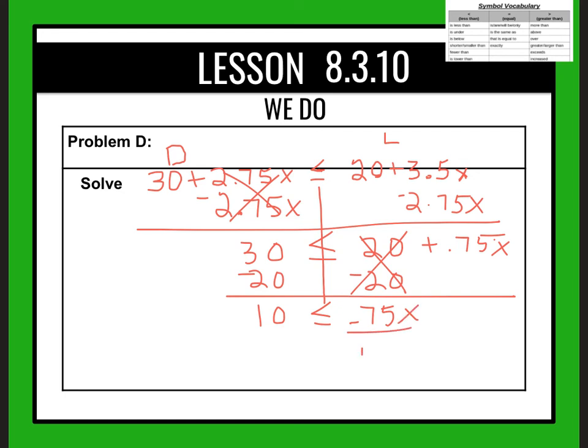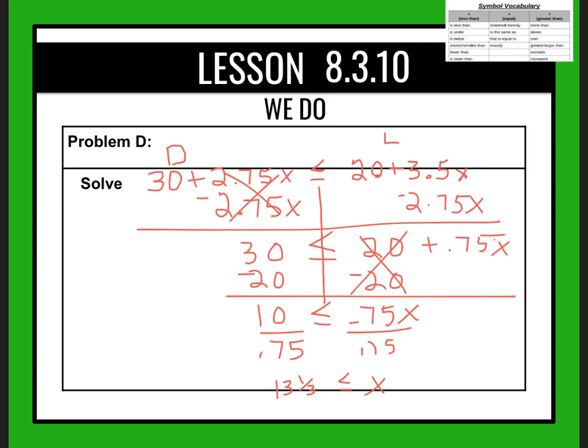So when I divide by 0.75 on both sides, I end up with x has to be greater than or equal to 13 1/3, right? 13 1/3 laps. So we're solving for the laps. How many laps must she swim in order for her to spend the same number or more minutes exercising than Dan?